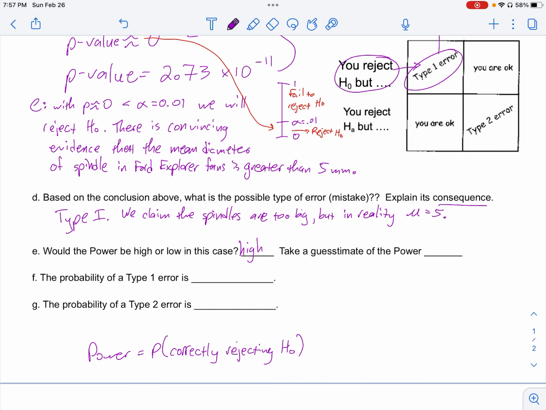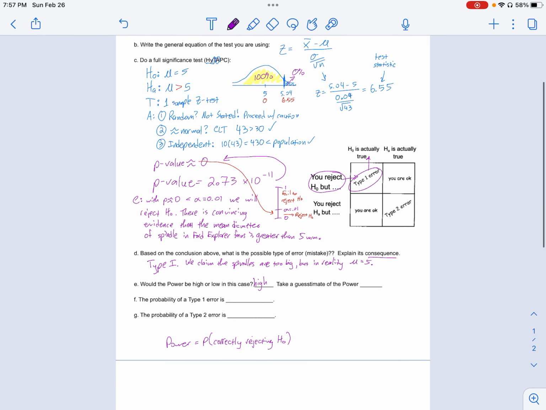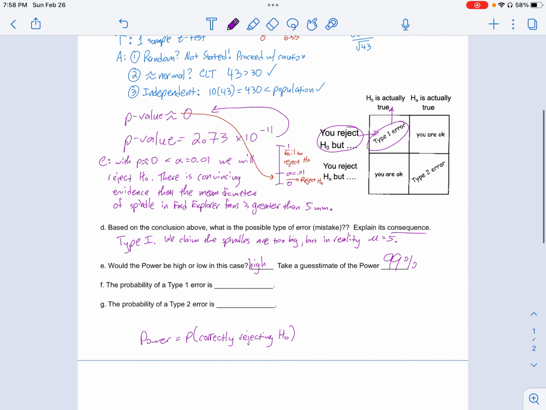And when I get a p-value that is so low, I am very confident that I am correctly rejecting the null. So I would say it's like 99%. The probability of a type 1 error, remember, is alpha, which is 0.01.